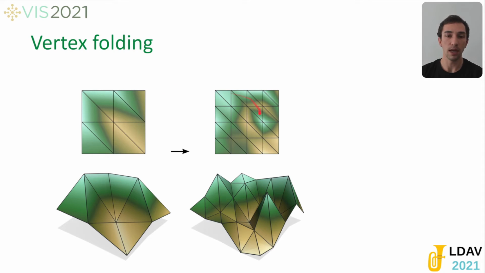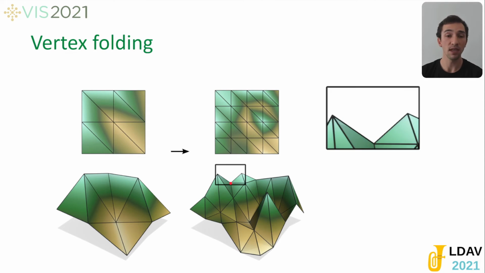So here is an update between two resolution levels, and this is a 3D view of the scalar field. If we look at this vertex, we see that it breaks the monotony of this edge upon its insertion. So it's a non-monotonic vertex, and thus it reduces the number of topologically invariant vertices in the hierarchy. As it happens, the insertion of this vertex creates a saddle point here and a maximum there.